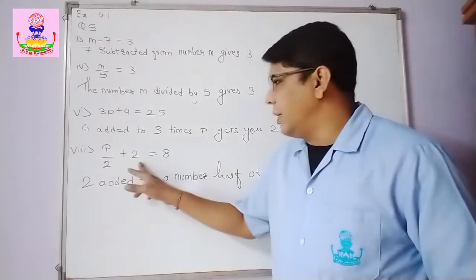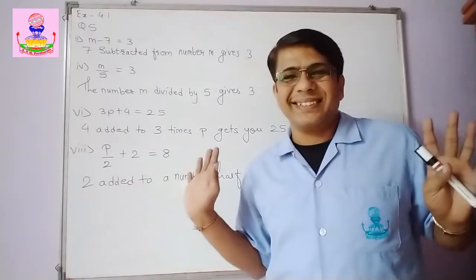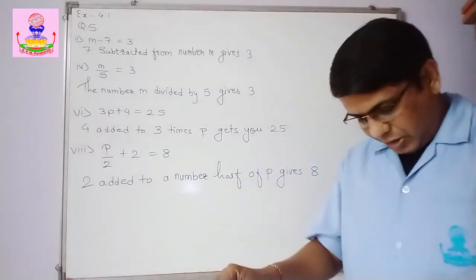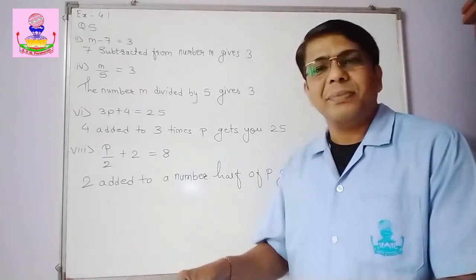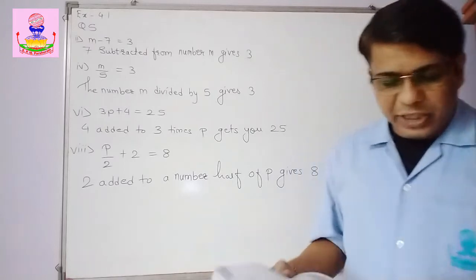Or you can write a simple statement: 2 added to P divided by 2 gives you 8. So it depends how you make the statements. The only thing is, meaning should not change, right?